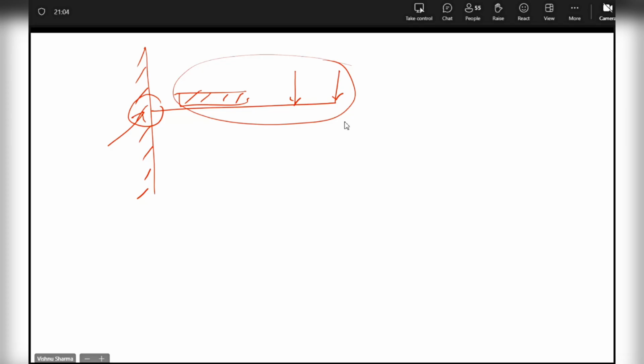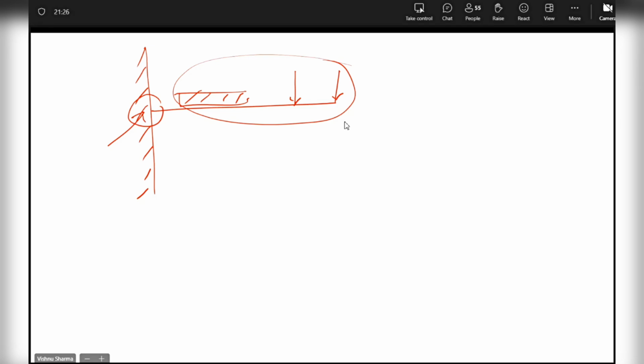What is the change about the BM? The change is that in a cantilever, since it's fixed at one end, the fixed end has the maximum BM and the free end BM is 0.